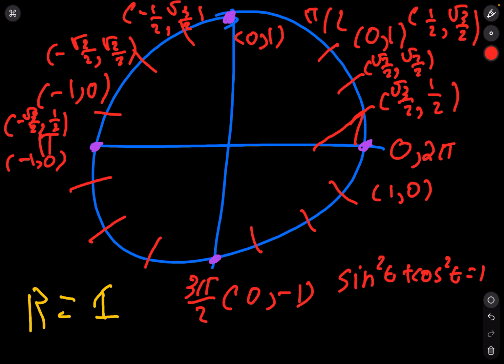Then for 2 pi third, it's the opposite of pi third, because as you can see, we're on the left side of the y-axis. Therefore, the x is negative, so you have to change it to a negative. Same goes for 3 pi 4, and same goes for 5 pi 6.